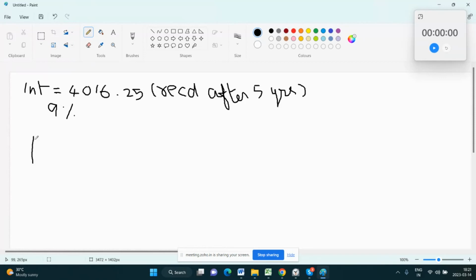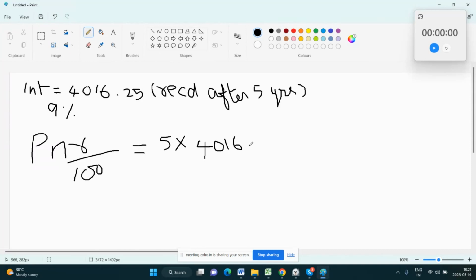What is the principal? PNR by 100 is equal to 5 into... I don't know what is P. I know N, the number of years, is 5. I is here. R is 9 by 100.